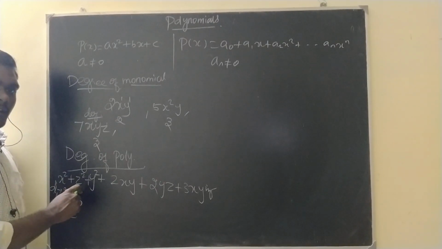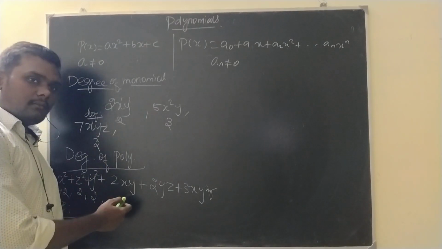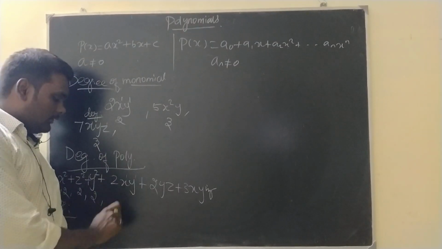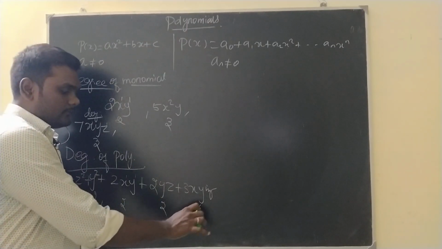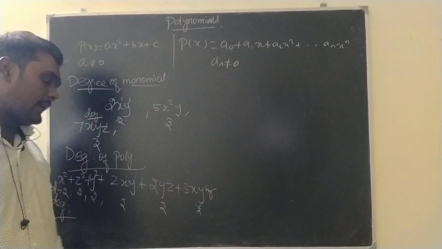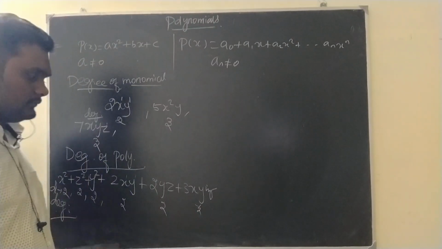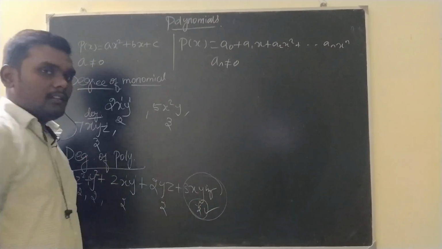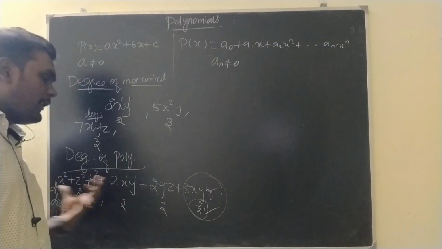Now this one's degree is 2 again. This is 2 again. Here two variables, the sum of the powers of the variables, so degree is 2 again. Here degree is 2 again. Here degree is 3, because 3 variables, each power 1, 1 plus 1 plus 1, that is 3. Now, which degree is the highest among these? 3. Yes, that 3 alone we can call the degree of this whole polynomial.